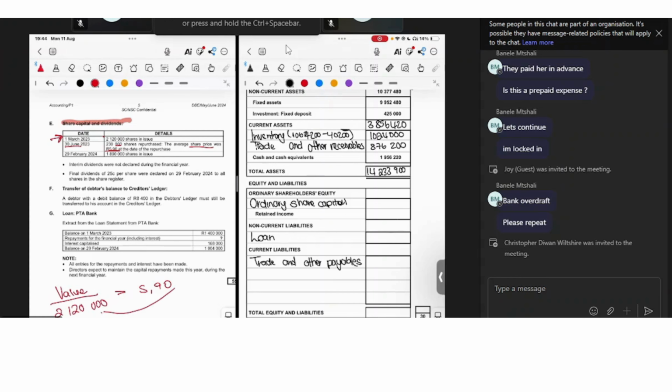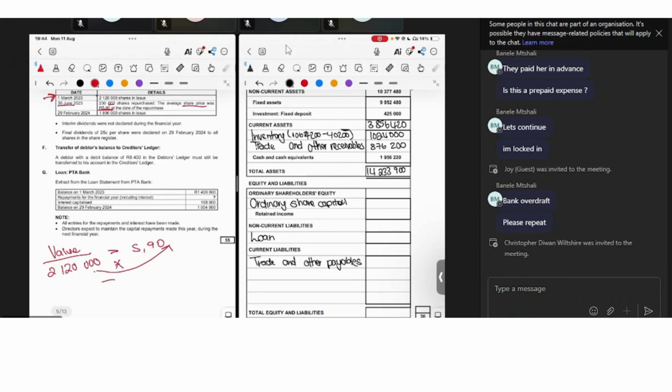So if we multiply 5.90 Rand by the 2,120,000, that will give us the opening balance for our shares, which will be 12,508,000. Everyone with me on that one?